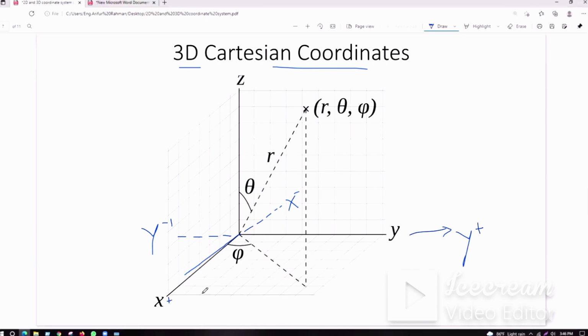The upward direction is the positive direction of z-axis, and the downward direction is the negative direction of z-axis. So it's clear that we have to mention 3 numbers, let's say for example A, B, and C, if we refer to some coordinates on the 3-dimensional coordinate system.